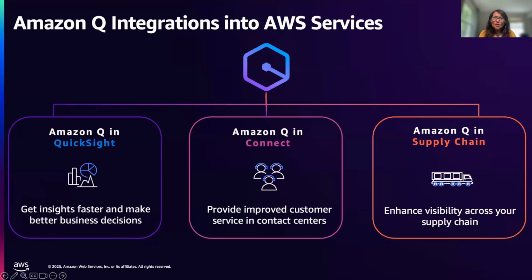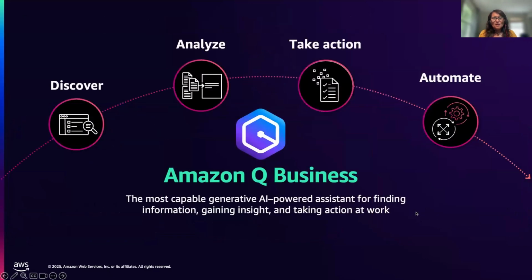So now let's look at Q Business. Q Business really is a generative AI assistant, again, designed for enterprise use. Its main focus is workplace productivity. It can access and analyze data across an organization's various data sources. And John was just talking about the various data sources.